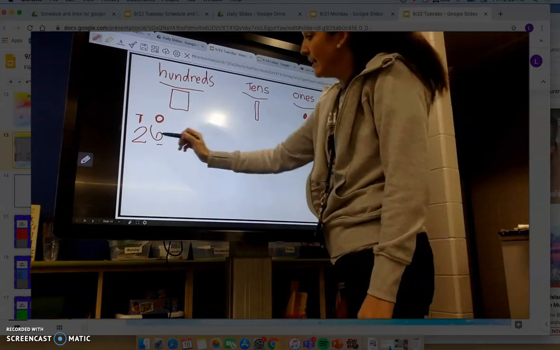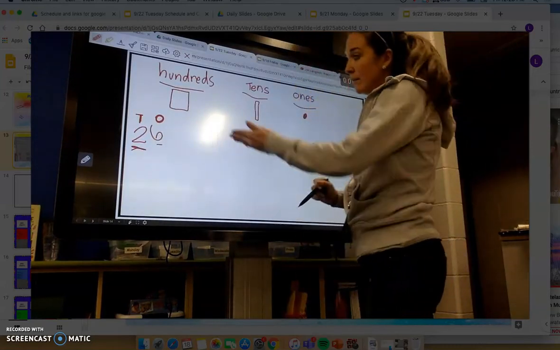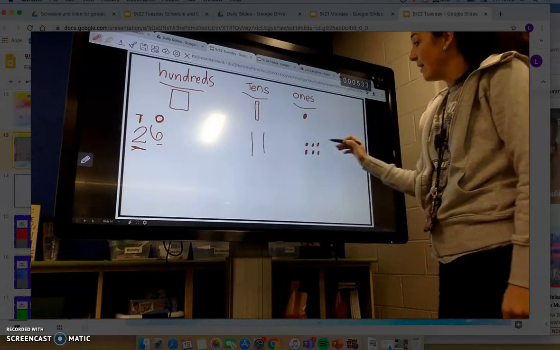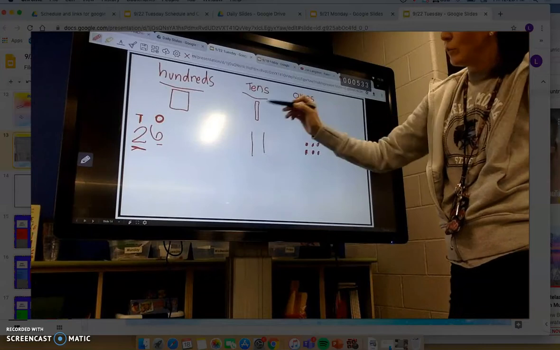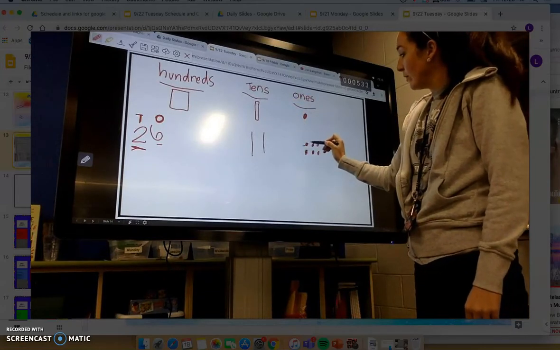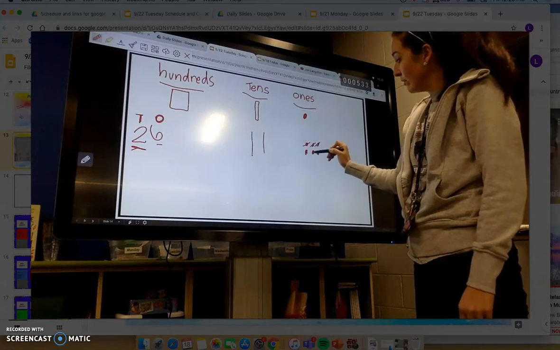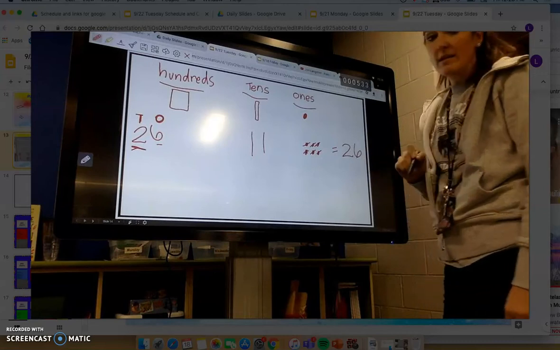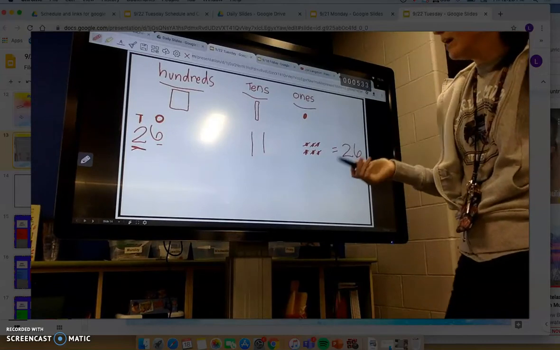And then how many 10 sticks do I need to draw? There's a 2. So I draw 2 10 sticks. And this is how you represent the number 26. 10, 20, 21, 22, 23, 24, 25, 26. So this equals 26.